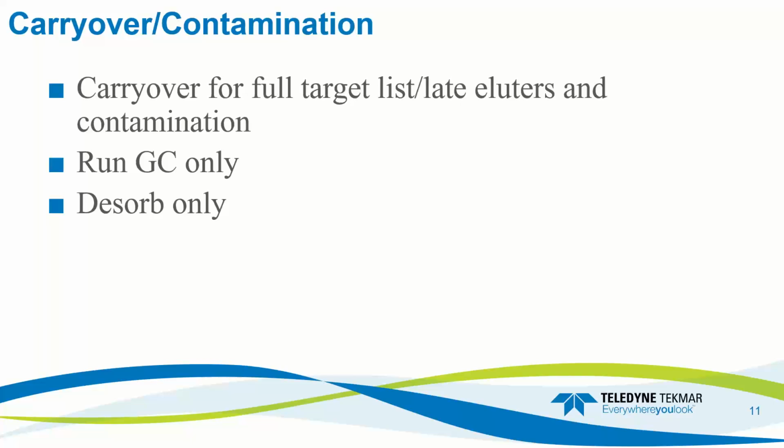You have to make sure that your temperatures are getting to the correct set point. If not, you might not be getting everything off of the trap, and that's why it's being carried over. And also you want to make sure that your bake temperatures and flows are set correctly as well. Bake is a very important step in cleaning up the system and preventing carryover from sample to sample.